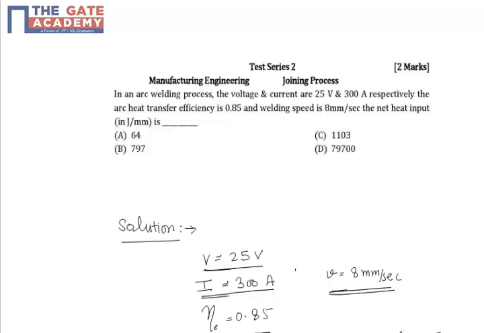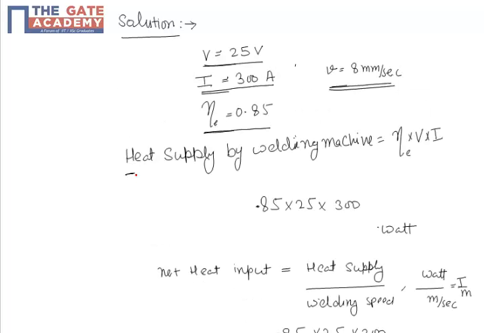So we know that the heat supplied by the welding machine is equal to your heat transfer efficiency multiplied by your voltage and multiplied by your current. So voltage multiplied by current gives you the power, multiplied by your heat transfer efficiency. So this much heat is supplied to your bead for the melting process.